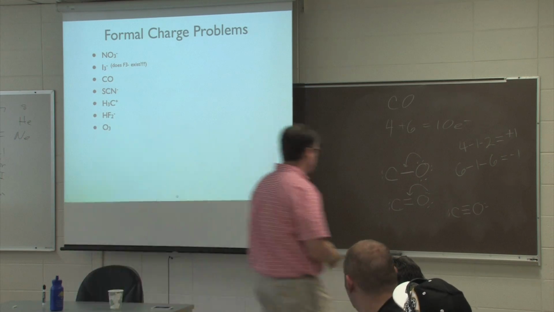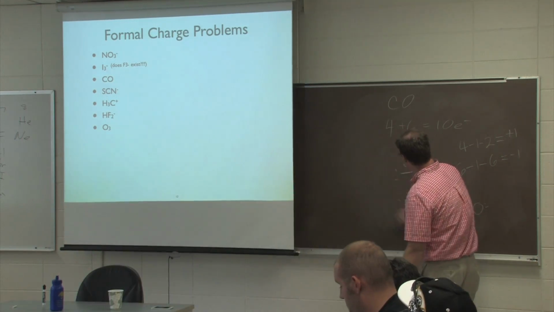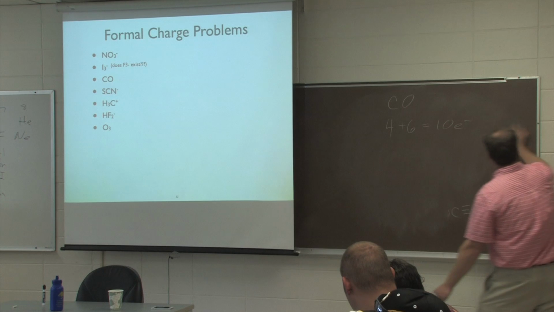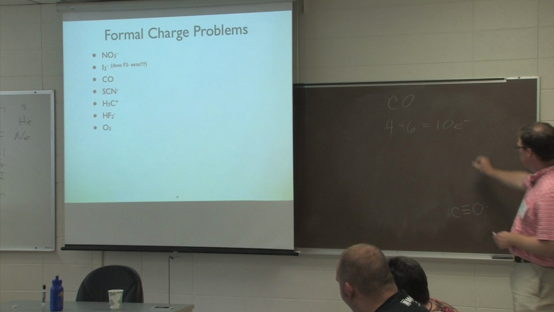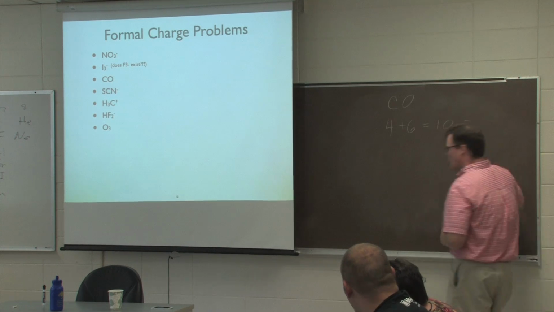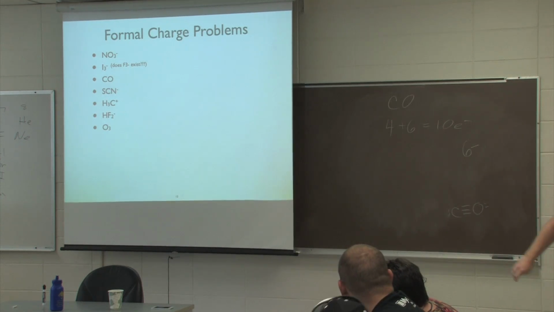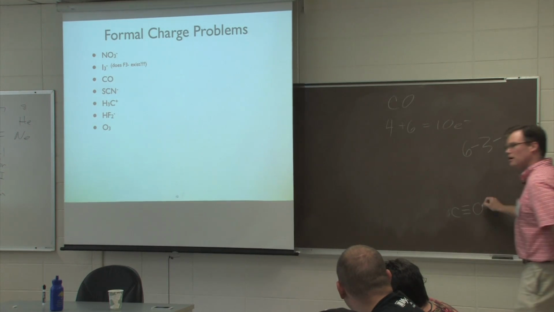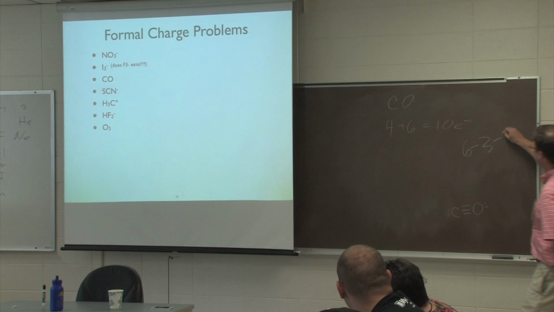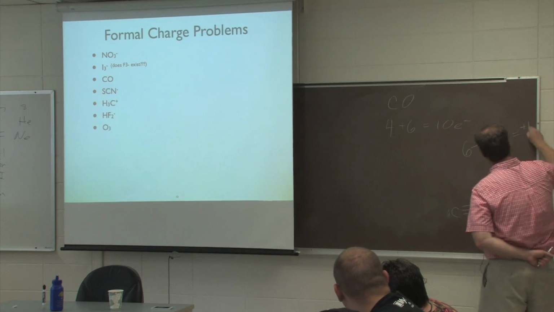So let's do the formal charge on oxygen. What group is it in? 6. How many electrons does it share? 6. Take half of that, 3, minus 2, plus 1.